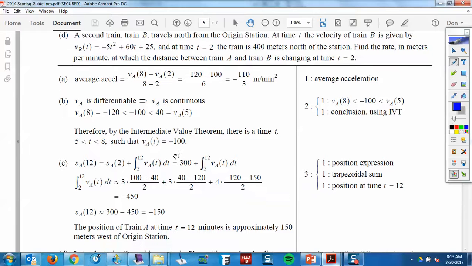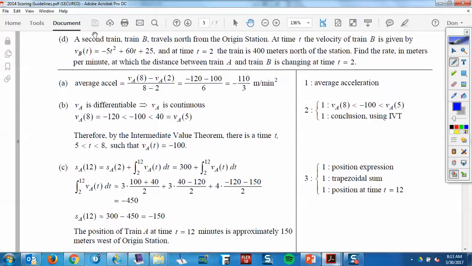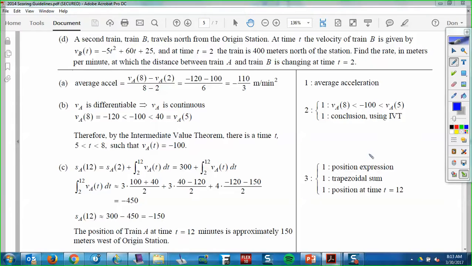All right, so D says a second train travels north from the station at time t. The velocity of the train is given to be this. At time 2, the train is 400 meters north of the station. Find the rate in meters per minute at which the distance between A and B is changing. So which way was train A going? East.